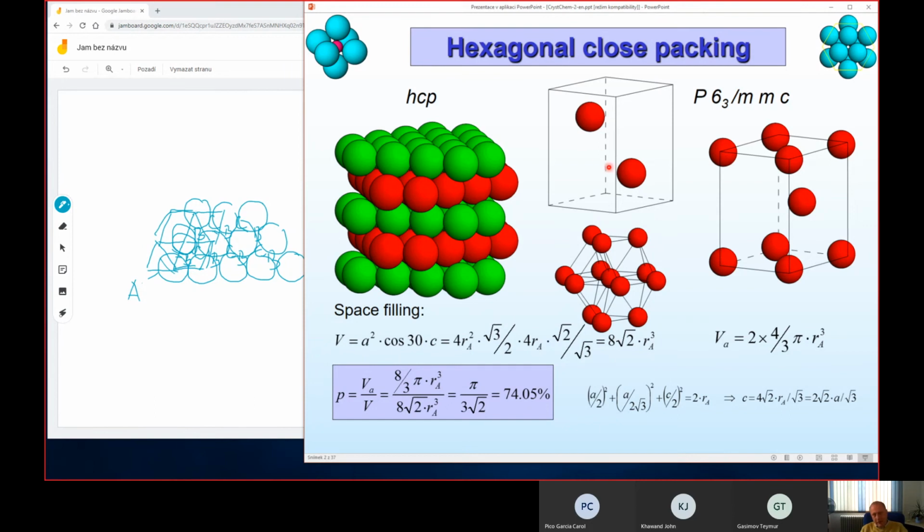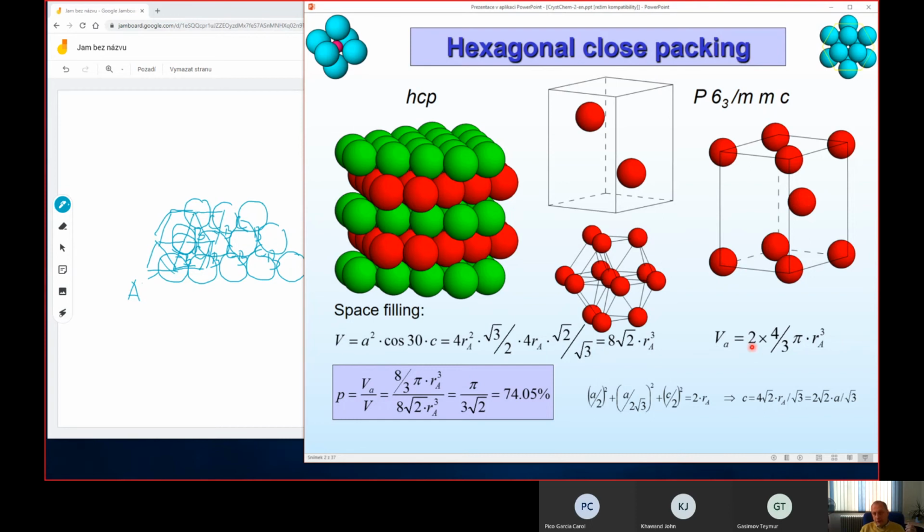If the atom is in the corner of a unit cell, then it contributes only by 1/8, because this corner has 8 nearest neighbor unit cells. So we have only 1 atom which contributes from the corner positions, and the second atom is completely inside the unit cell, so it contributes by 1.